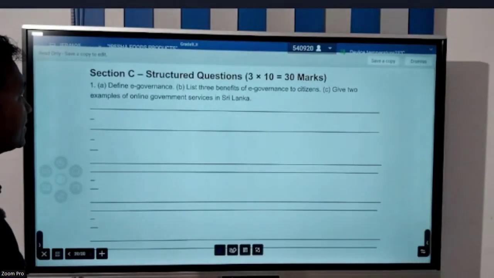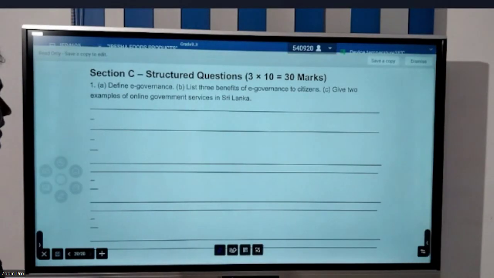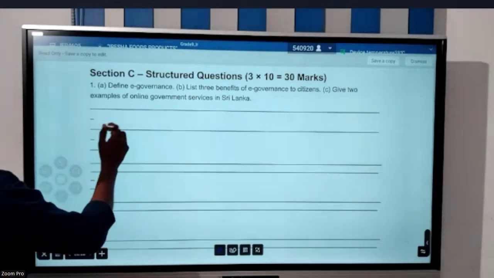Define e-governance. List three benefits of e-governance to citizens. Give two examples of online government services in Sri Lanka. What is e-governance?